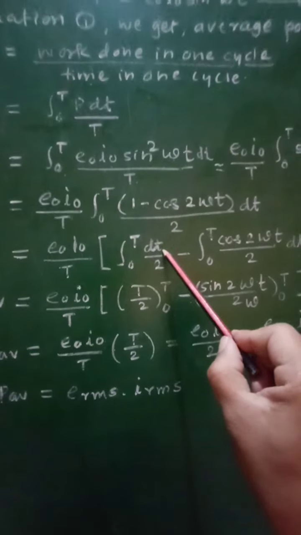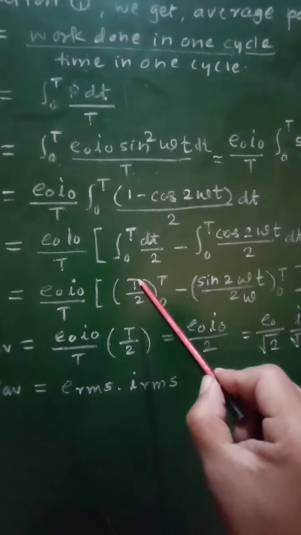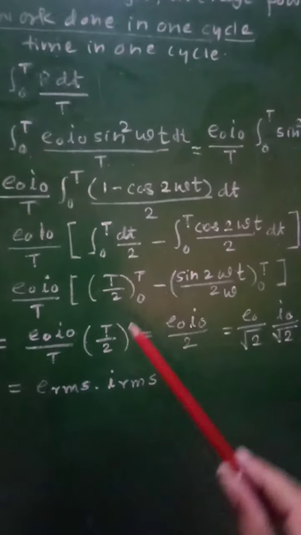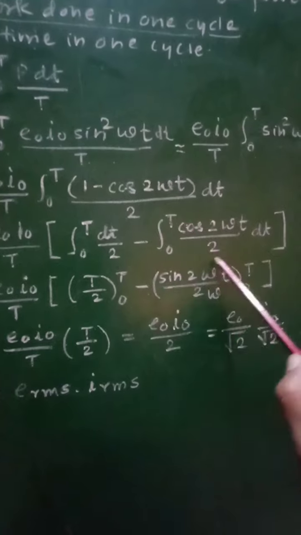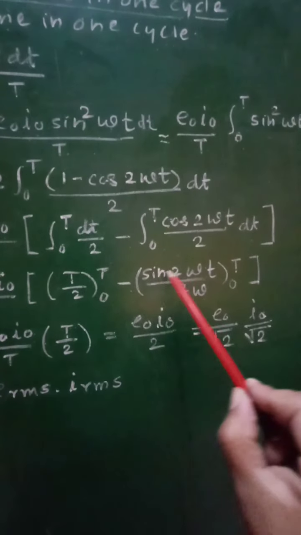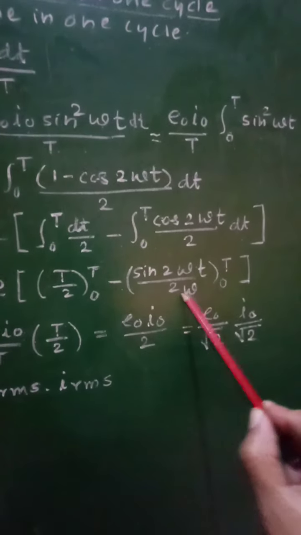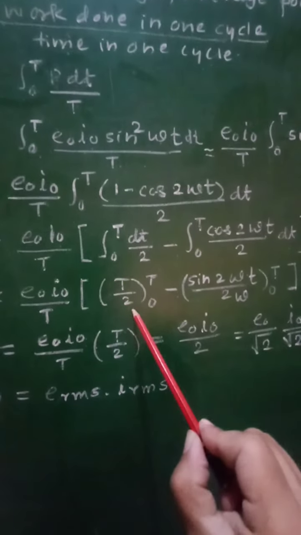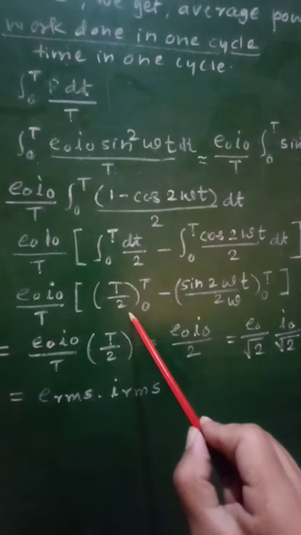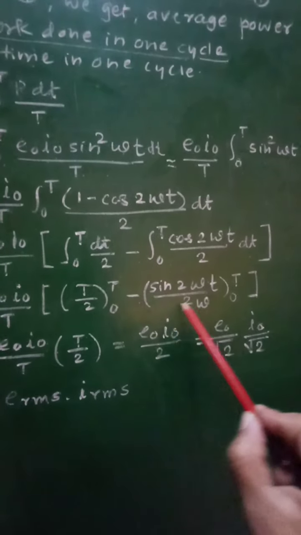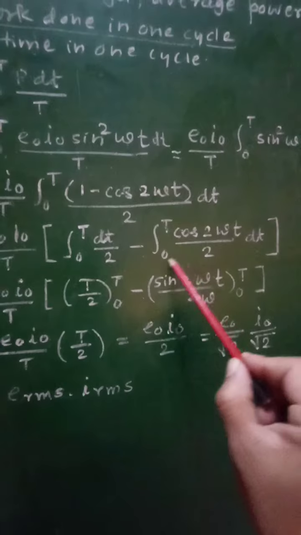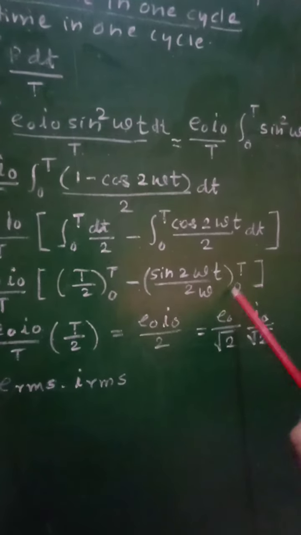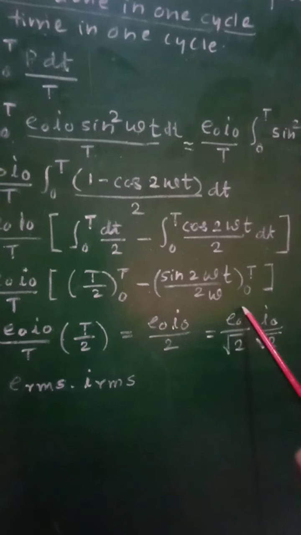Now P average is equal to E0 I0 upon T. Integration of dt will be equal to t, and therefore the first term gives t by 2 from 0 to T, minus the integration of the second term, which will be sin 2 omega t upon 2 omega from 0 to T. But the value of this for one cycle will be equal to 0, that is sin 2 omega t upon 2 omega from 0 to T is equal to 0.